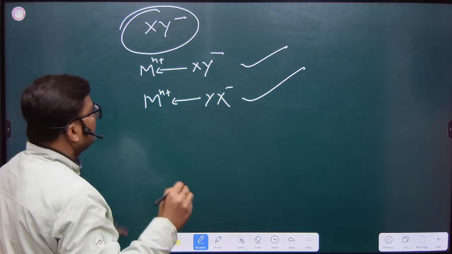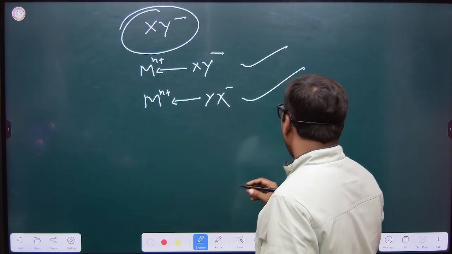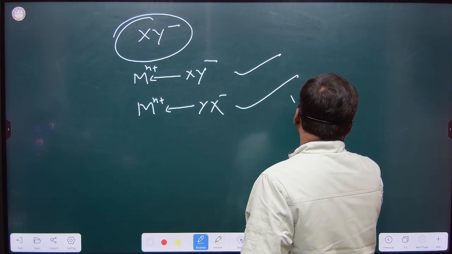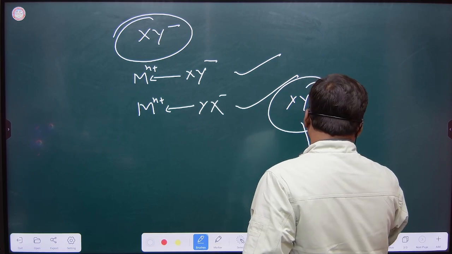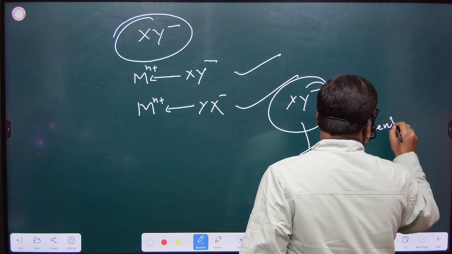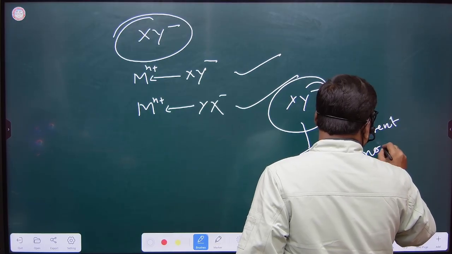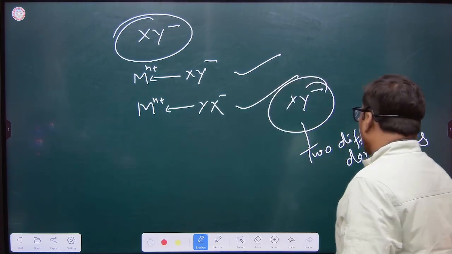So this is a very important ligand in coordination chemistry, that is ambidentate ligand. They have two different donor sites, right? So they have a choice.